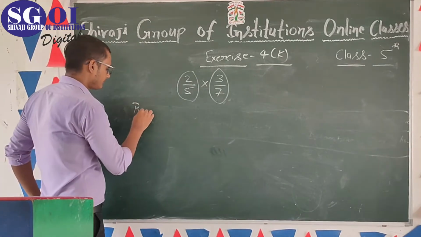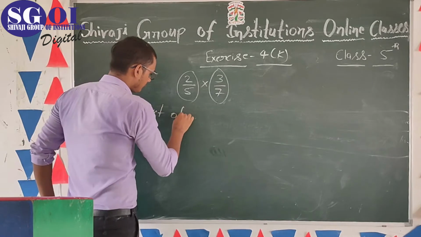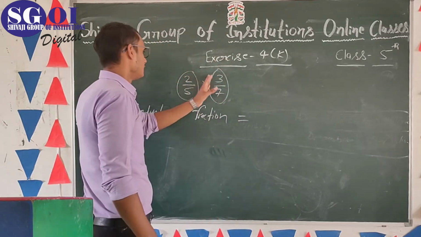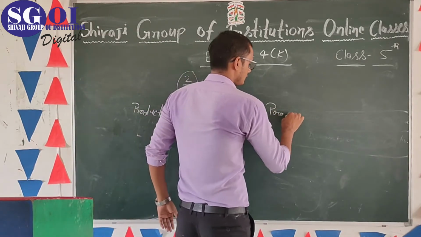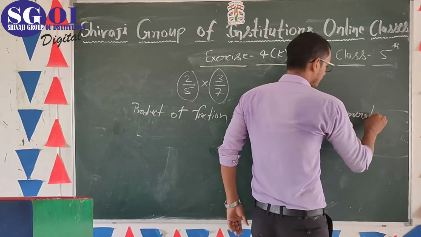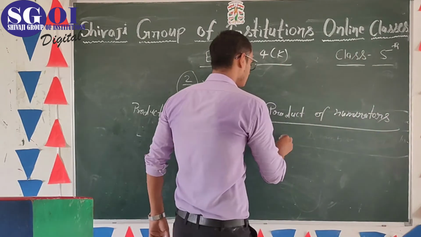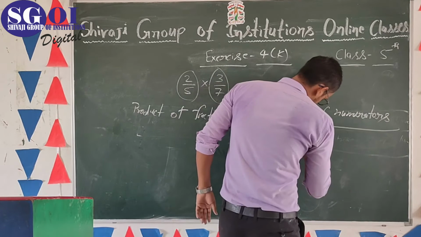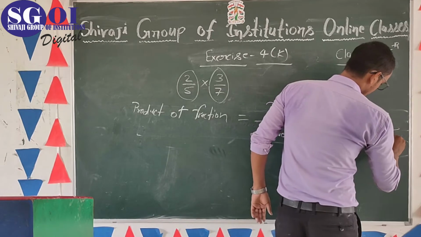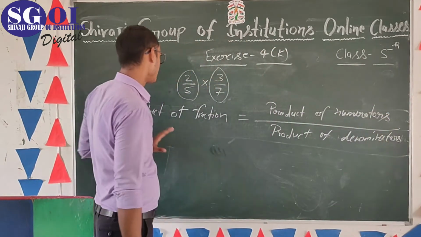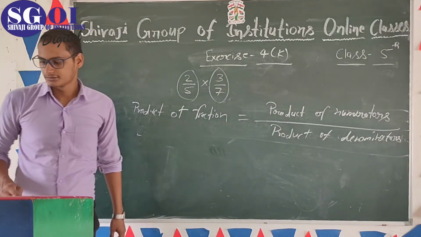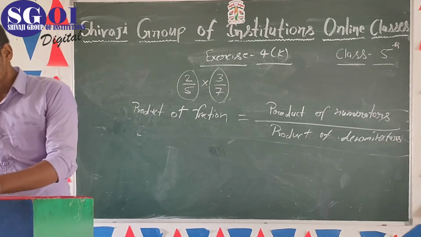So the product of fractions is equal to the product of numerators upon the product of denominators. Understood?